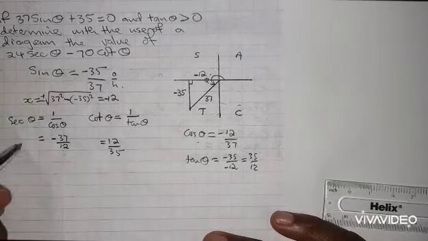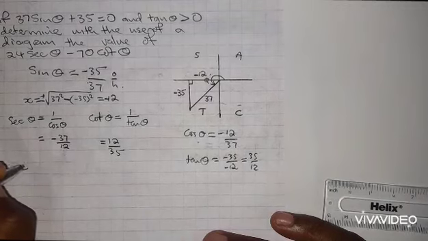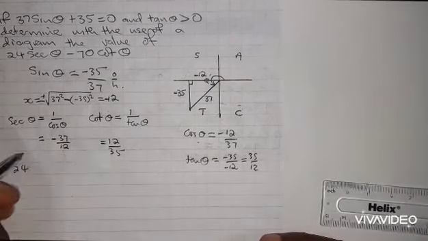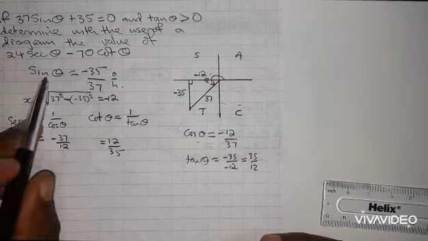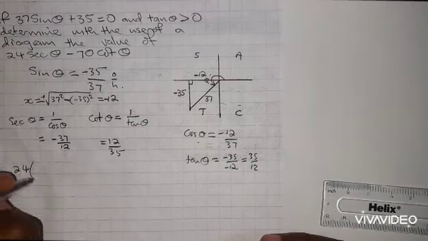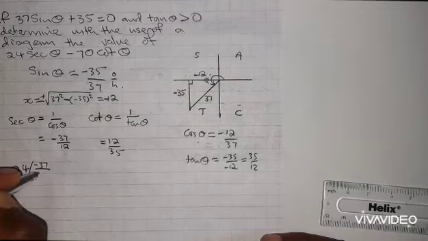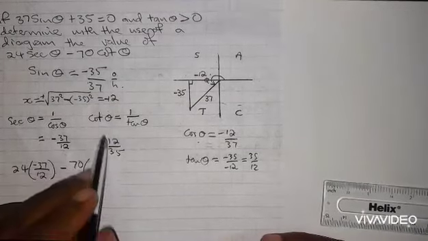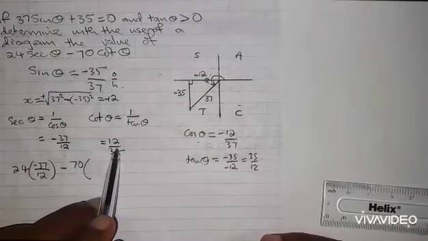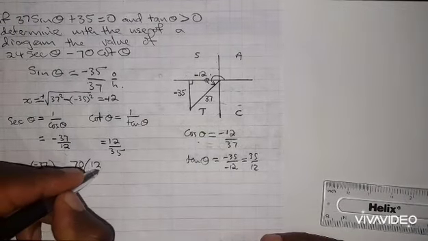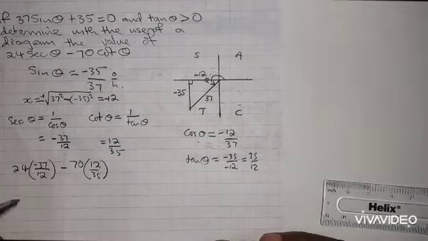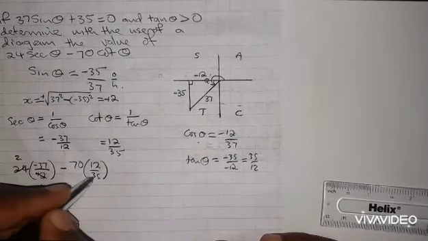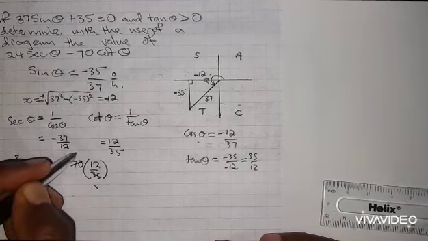Now, coming back to our expression, 24 sec theta, we said sec theta is equal to negative 37 over 12, minus 70, and then cot theta is this one, 12 over 35, right? 12 ones, 12 here, 2; 35 ones, 35 here, 2.